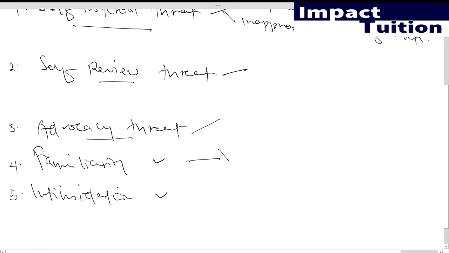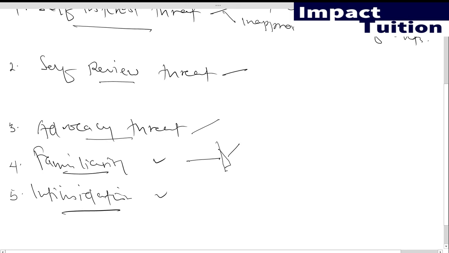So, for example, an accountant has been in service of an entity as an auditor for so long, and because of that, the auditor thinks, oh, everything is well. So the auditor overlooks certain things because the auditor is sympathetic, or the auditor trusts the entity so much. Such situations will lead to familiarity threat.